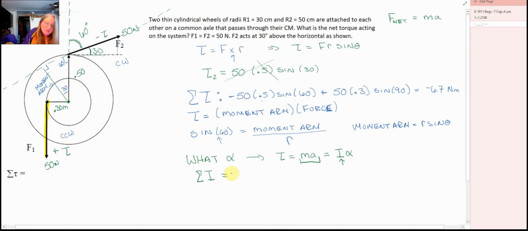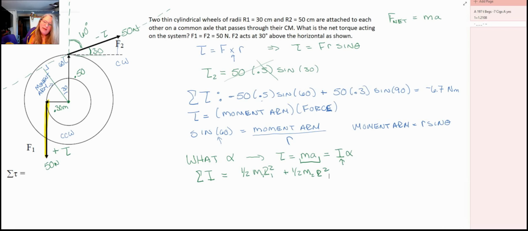So for two cylinders, my inertia is defined in terms of 1/2 mr squared. So I'm going to have 1/2 m1 r1 squared plus 1/2 m2 r2 squared.